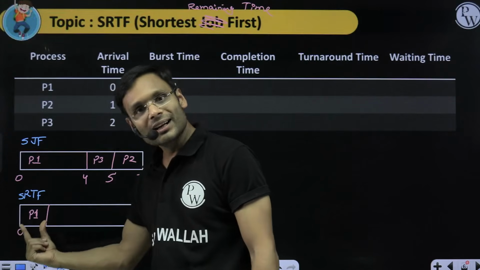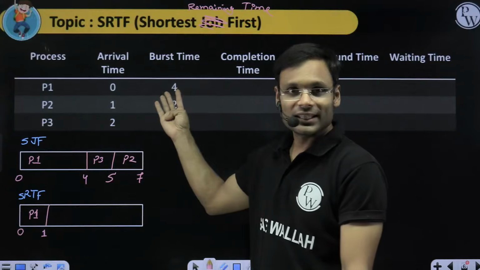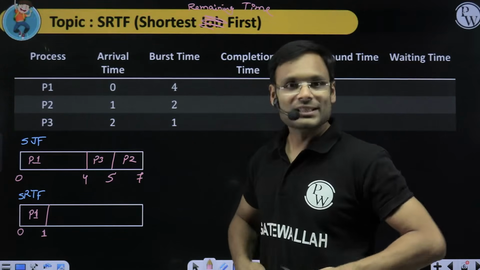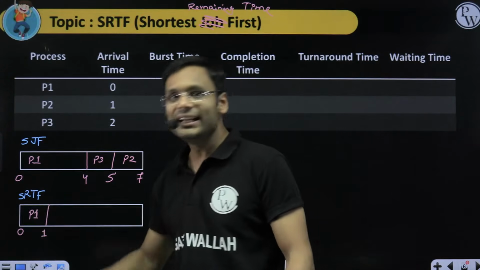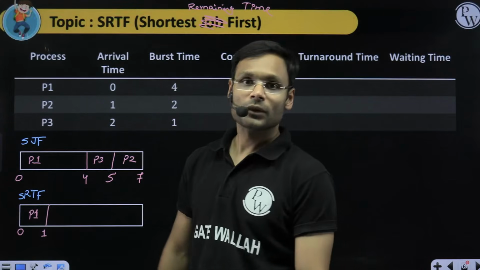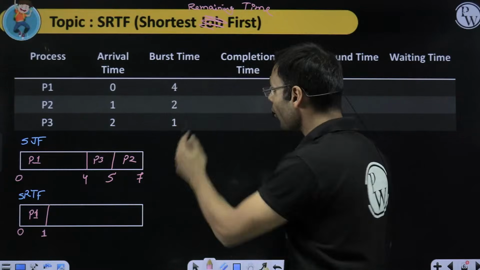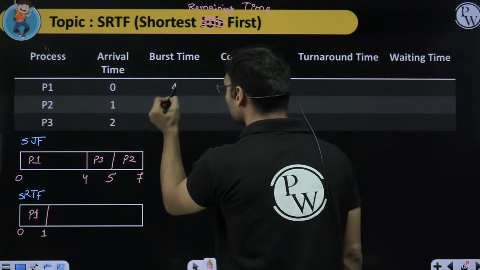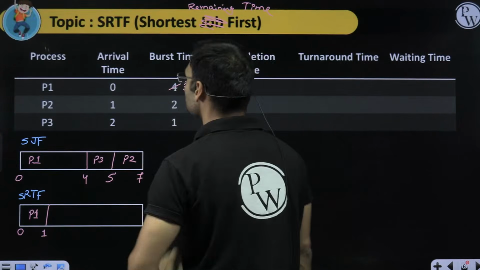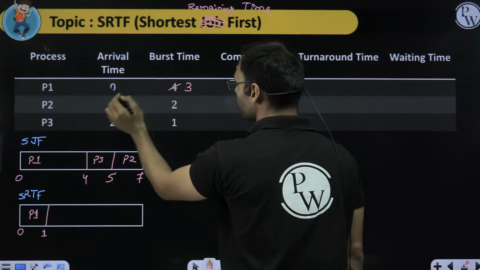I have already executed 1. If you need 4 chapatis to fill your stomach, and you have already eaten 1, remaining you will need is just 3. So I'll have to update the remaining time of P1. P1 already executed for 1 unit of time. Remaining time is 3.